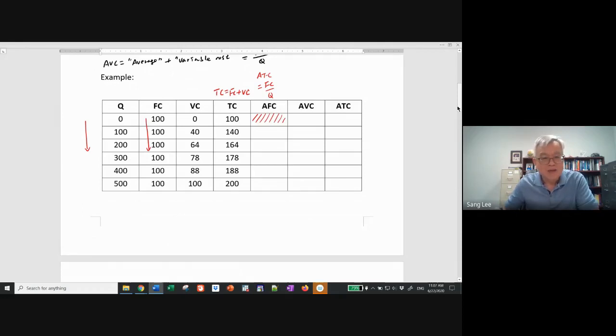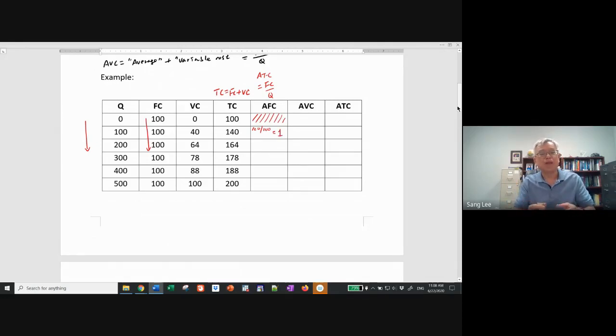Now, when you produce 100 units, fixed cost is still 100. So what's the average fixed cost? Simply fixed cost 100 divided by quantity 100. So average fixed cost is equal to 1.